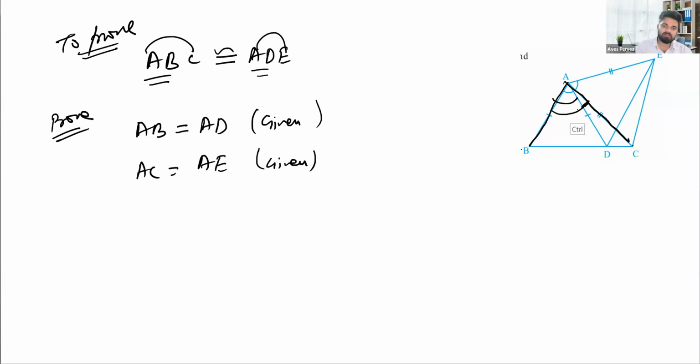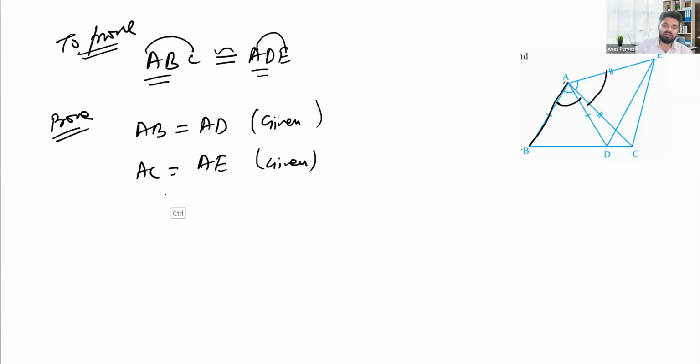Similarly in triangle ADE, we have been given only this angle up to here, but we need this as a whole up to here. This is not added in both, only up to here it is given. If we add this angle to both sides, then this will complete up to here.